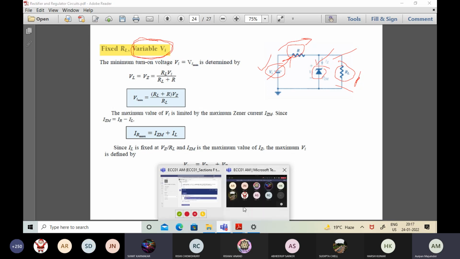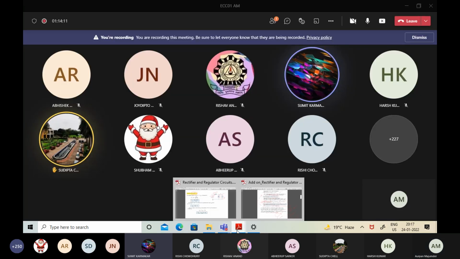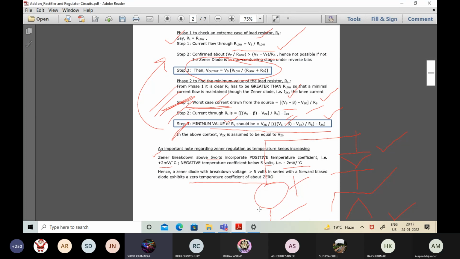Let me just take that. Any question? Sir, the minimum value of the resistance, it is like the shortest, least resistance path of the current. It's a very good question, pretty understandable.